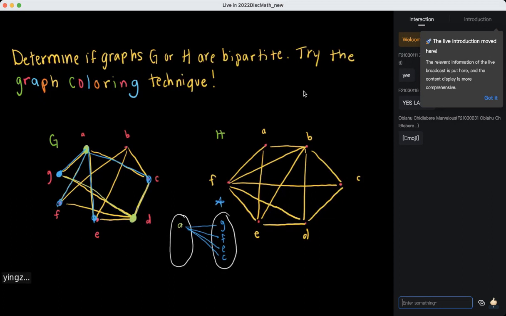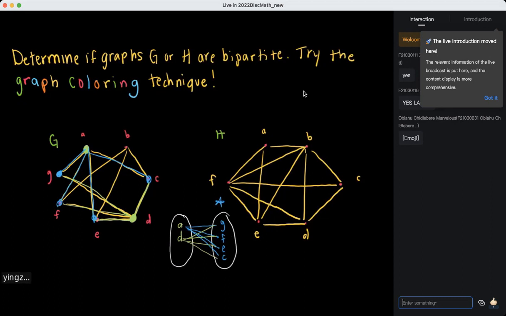So I've got a blue vertex there, a blue vertex there, a blue vertex there. So yes, now I'm going to add D over here, and I'm going to connect it to G and to F and to E and to C. So D is connected to all four of those blue vertices.